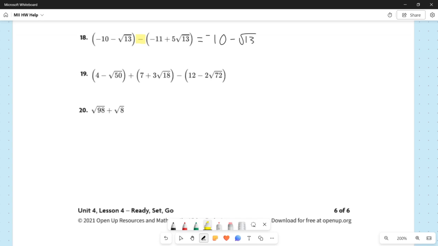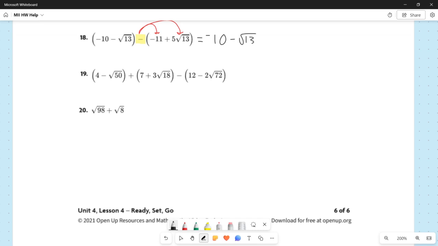What that means is we have to distribute that negative to both terms inside the second set of parentheses because, again, we're subtracting the entire thing. That's what the parentheses are doing. The parentheses are saying subtract all of it. So when we remove the parentheses here, we have to distribute that negative, which means all of the signs are going to change inside that second number.